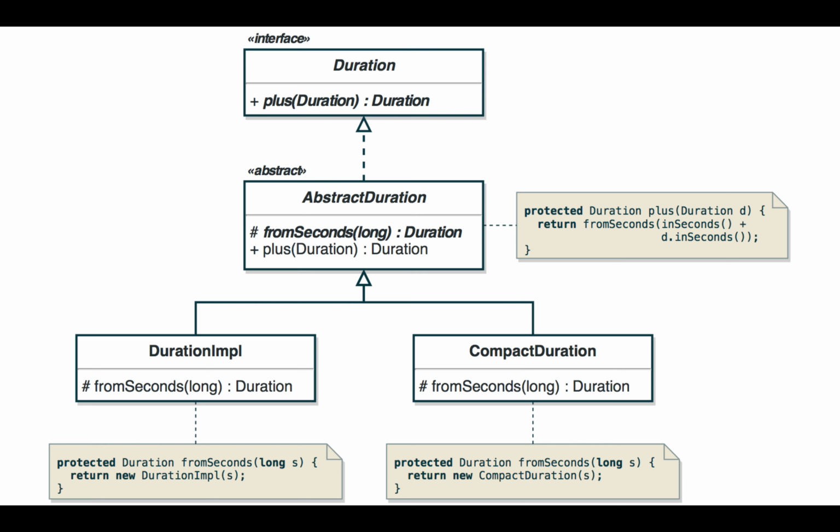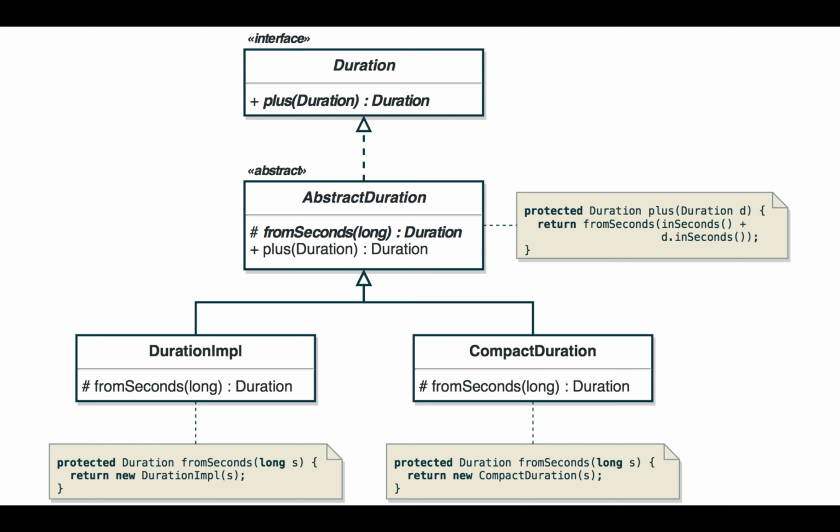So now it looks like this. We moved the plus over to the abstract Duration. We declared a fromSeconds. Notice it's italic, meaning it's abstract. I'm not providing implementation here. And notice that it's protected; we have the hash sign over there. But we are providing the actual fromSeconds implementation in each of these down below.